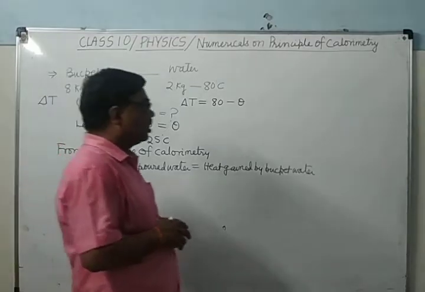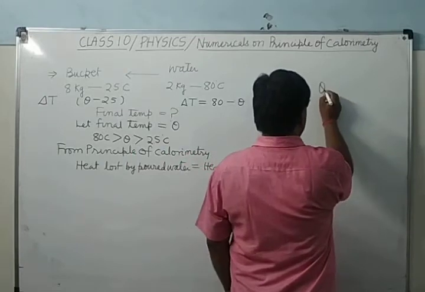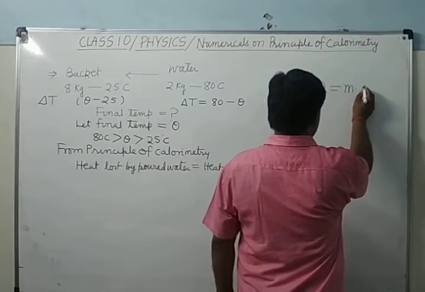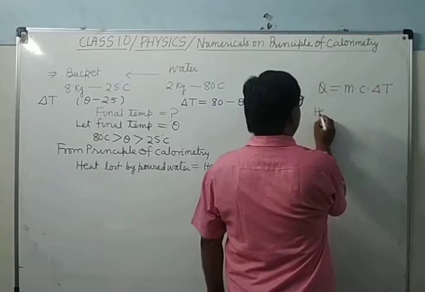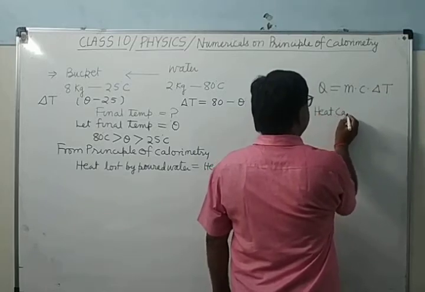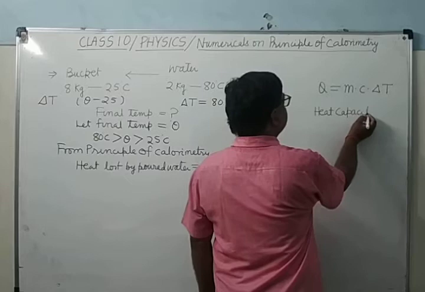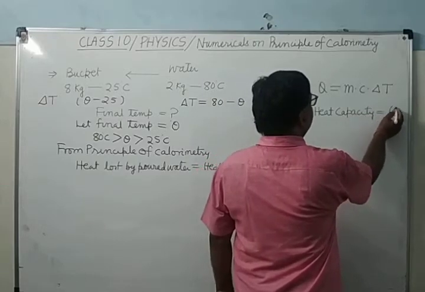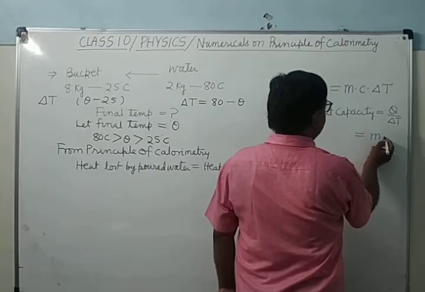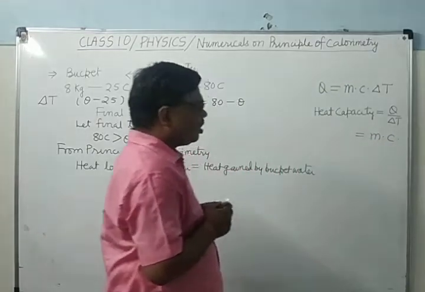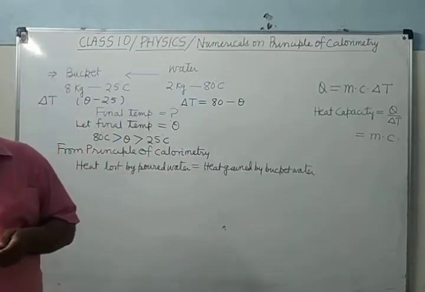As you know, there is only one formula, Q equals M into C into delta T. Then one formula of heat capacity: heat capacity equals Q upon delta T equals M into C, mass into SHC.